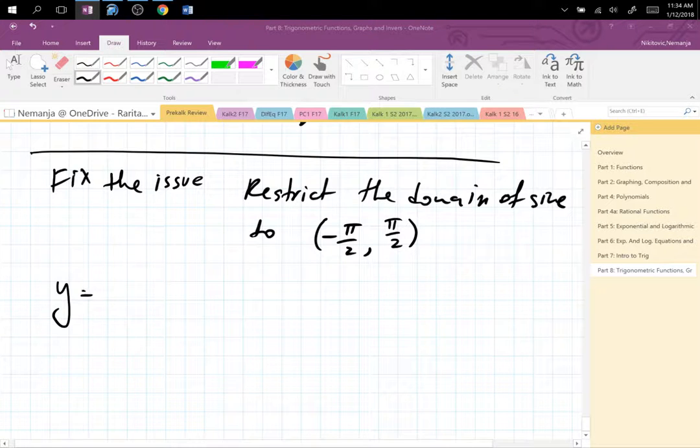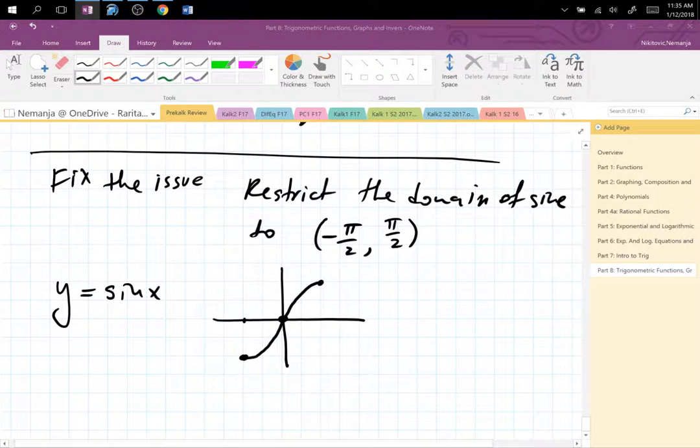So now the new and improved sine x graph, all chopped up, is going to go like this. So this is our new and improved graph.